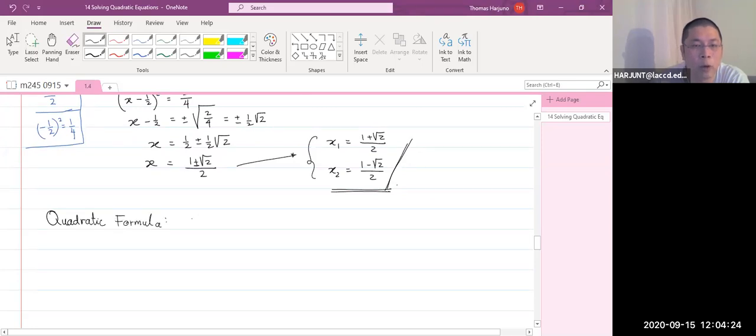The starting point for the quadratic formula is the same as for factoring. That is, the other side has to be 0. So let the equation be ax squared plus bx plus c. Then x1,2 will be negative b plus minus square root of b squared minus 4ac over 2a.